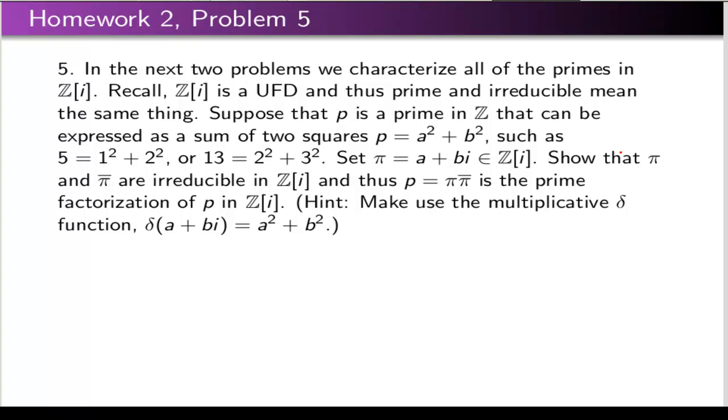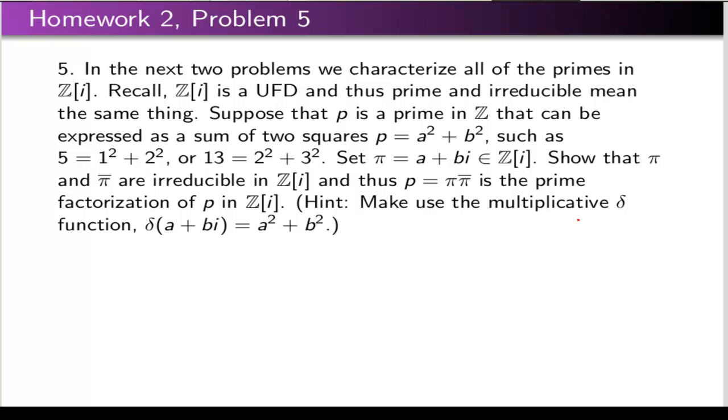I want to show that pi and its complex conjugate are irreducible. And thus, when we take p, we can break it up into this prime factorization right here. And the hint here is to say, use the multiplicative function delta to do this.